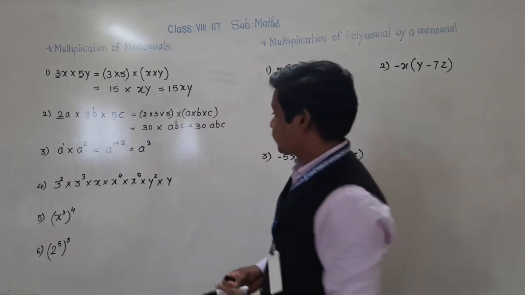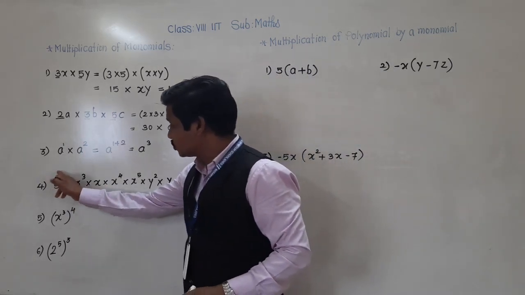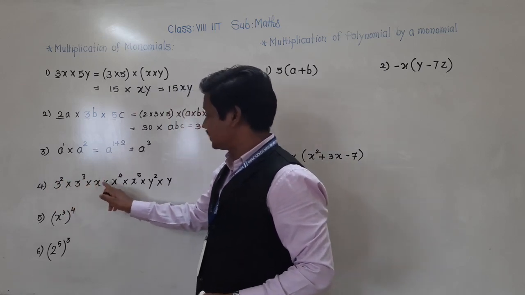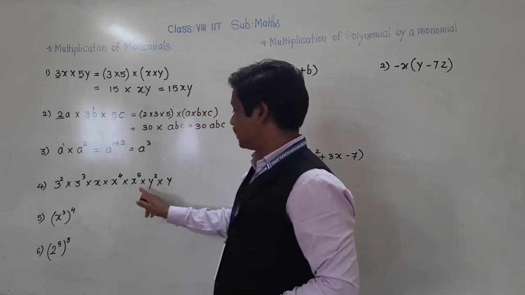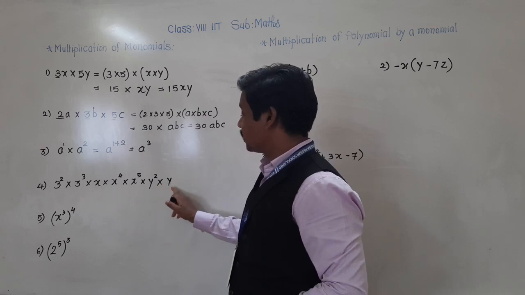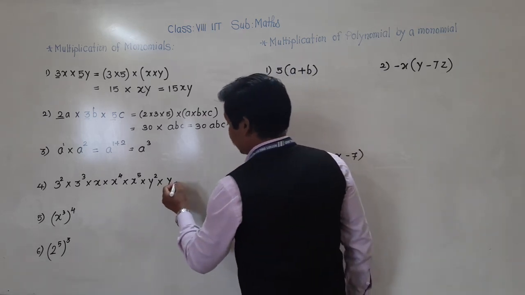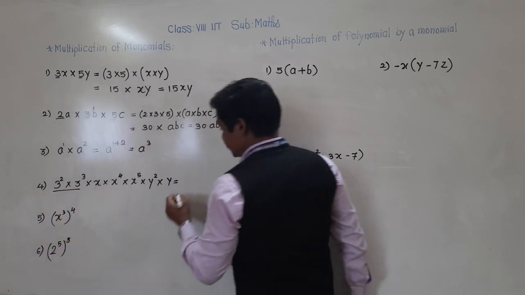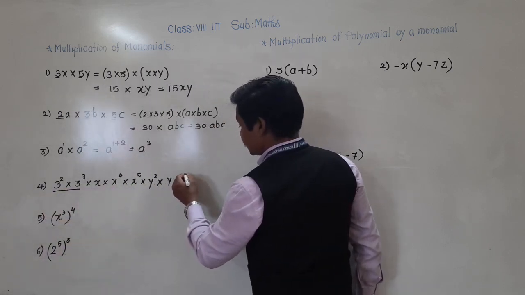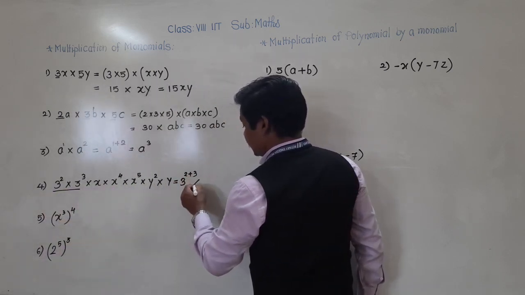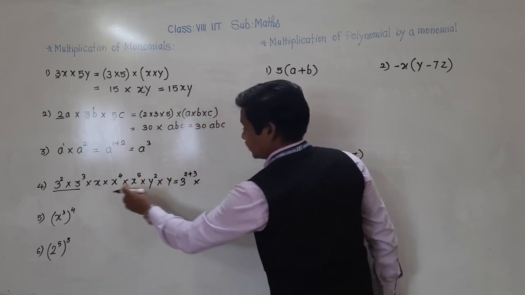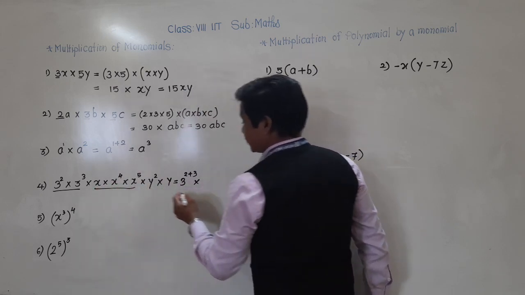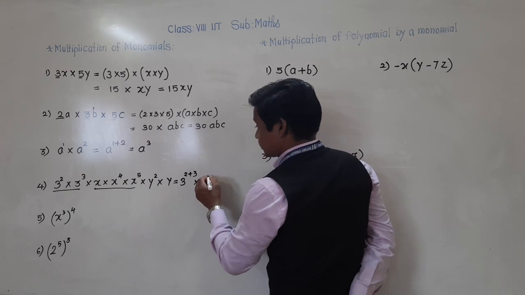Now see, 3 raised to 2 into 3 raised to 3 into x raised to 4 into x raised to 5 into y raised to 2 into y. So how to do this? Here 3 and 3, these two bases are same, so write 3 and add their exponents. Multiply by x, these are same variables, add their exponents.